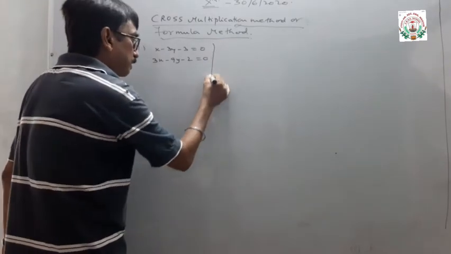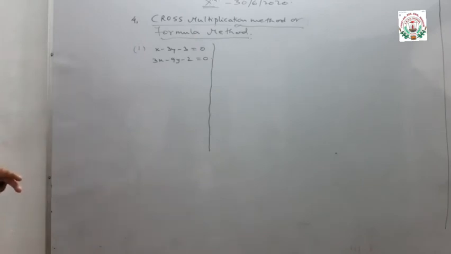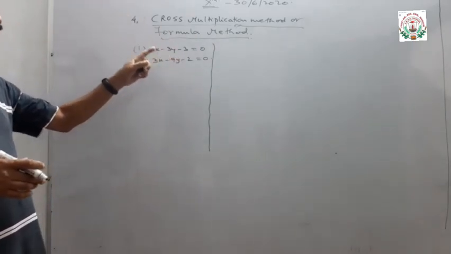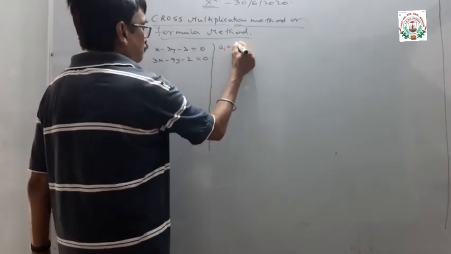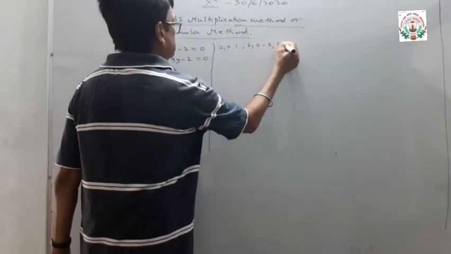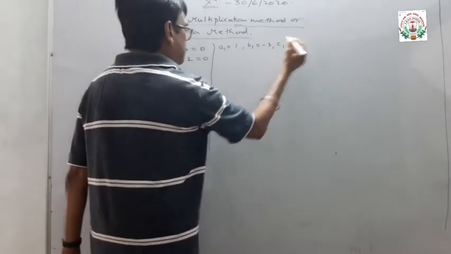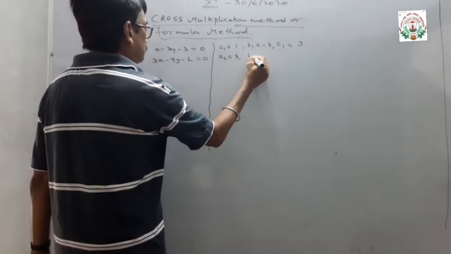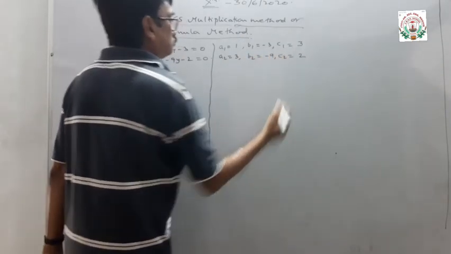First I am going to explain to you the conditions, the concept behind this problem. Whenever we have to solve by the cross multiplication method or formula method, first we compare: a1 equals 1, b1 equals minus 3, c1 equals, when we transport it to the right, 3, and a2 equals 3, b2 equals minus 9, and c2 equals 2.